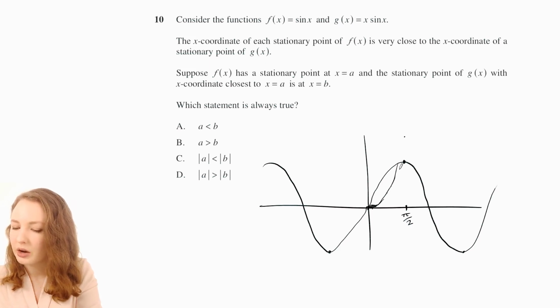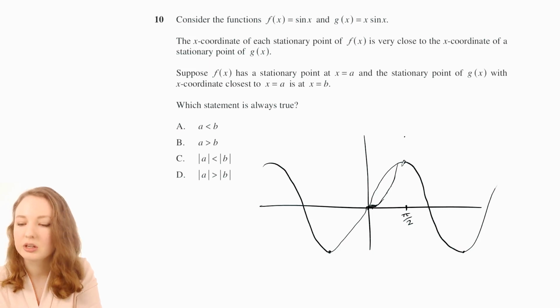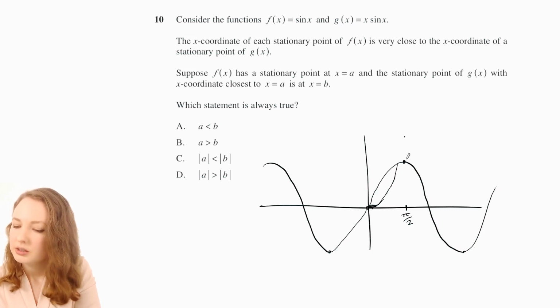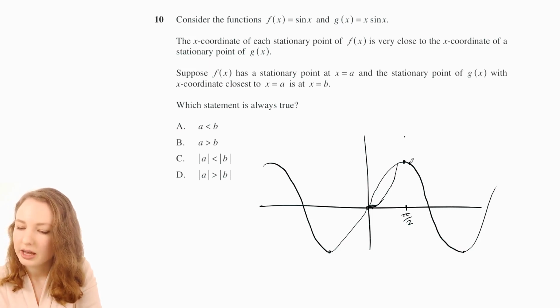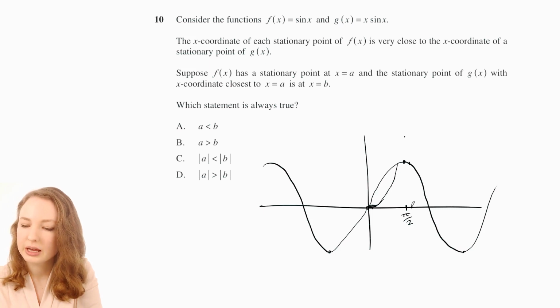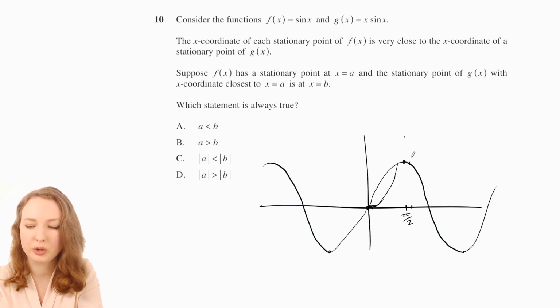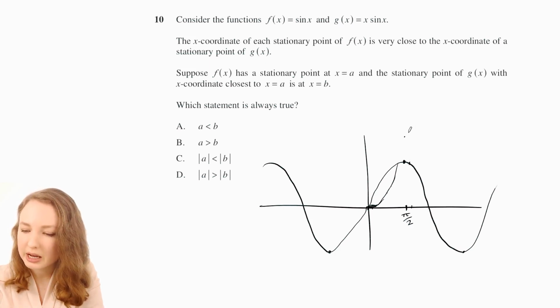But let's think about what happens in the vicinity of this point. Over here, x is slightly bigger than it was here, which means that this point is going to be pushed up slightly more than this point was. So the peak might actually just be there instead of here.